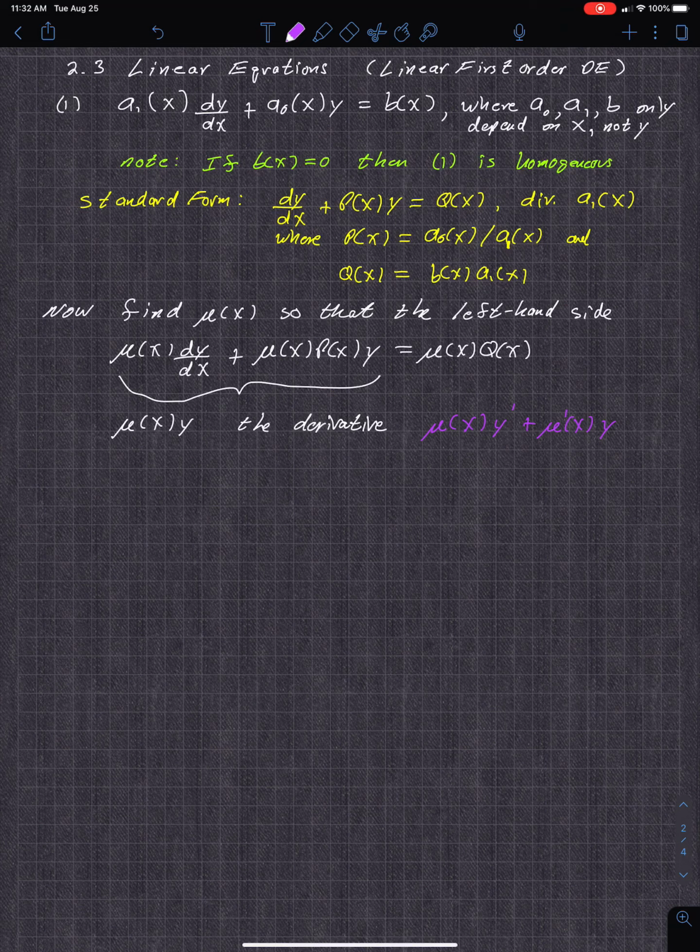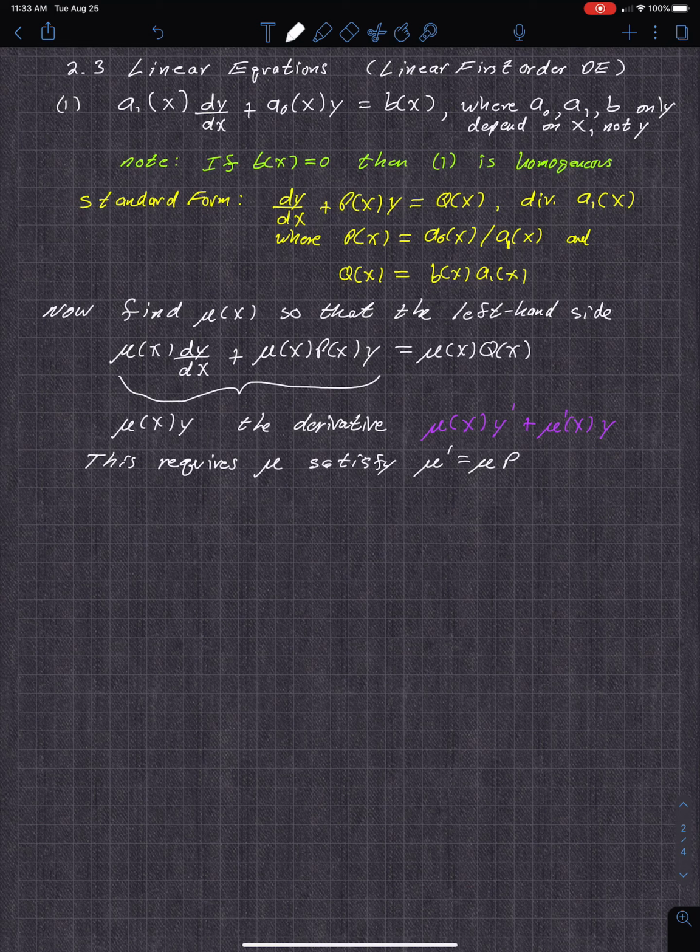So this requires mu to satisfy mu prime equal to mu times p.